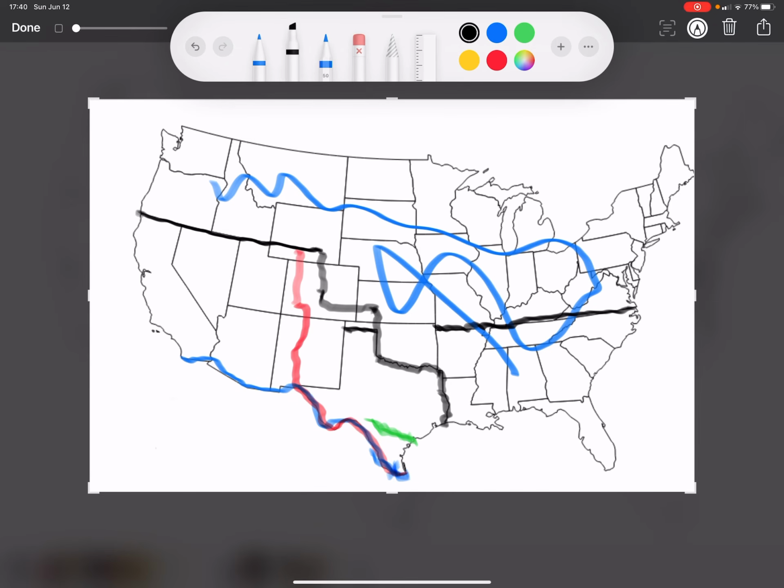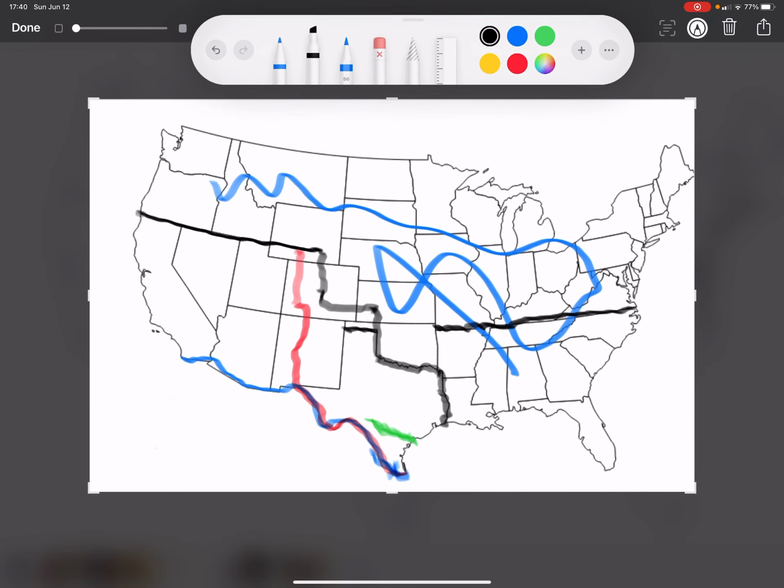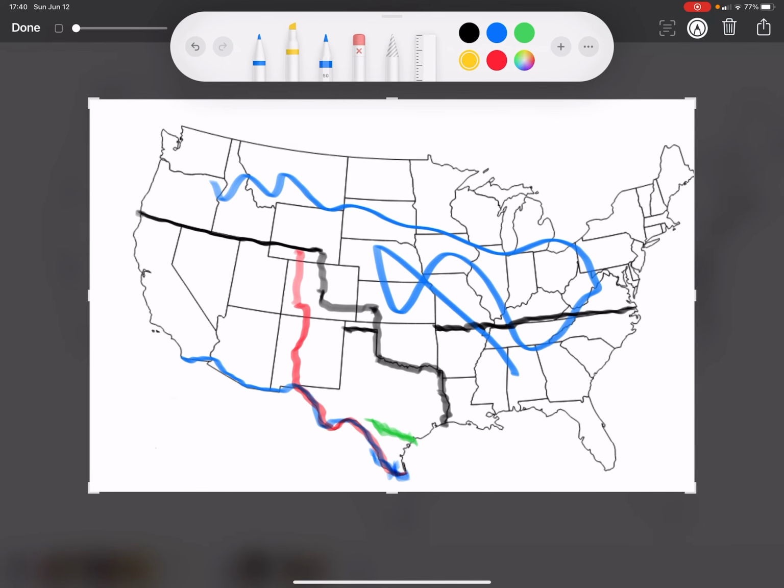What to do? Well, the solution was a trade. The United States would absorb the debt that the Republic of Texas had, and Texas gave up all the land. I'll call that in yellow here. Texas gave up all this.